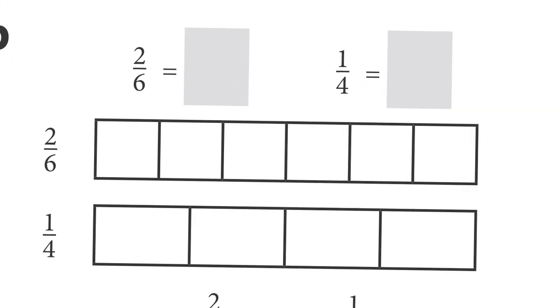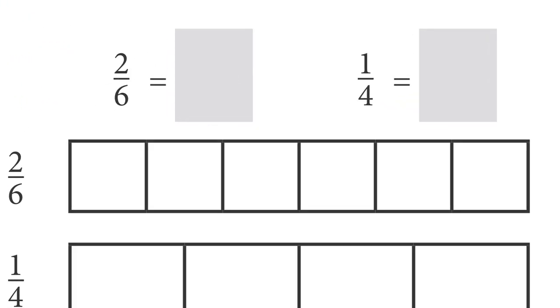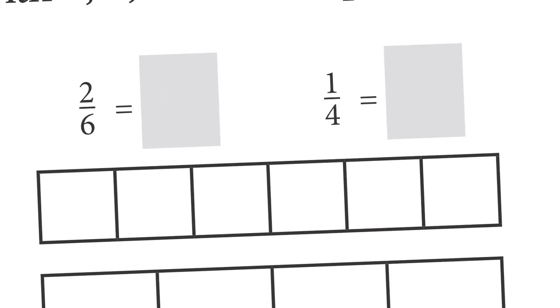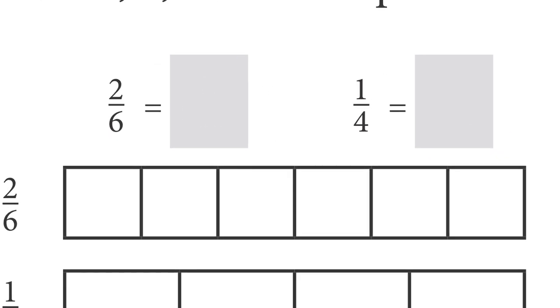Part B, same thing. We ask ourselves the same question that we did on the last one, which is, if 6 is my denominator here and 4 is my denominator here, what number do they have in common if you count by their multiples? So if we call this the blue number and I count by 6s, 6, 12, 18, 24, 30, so on and so forth.